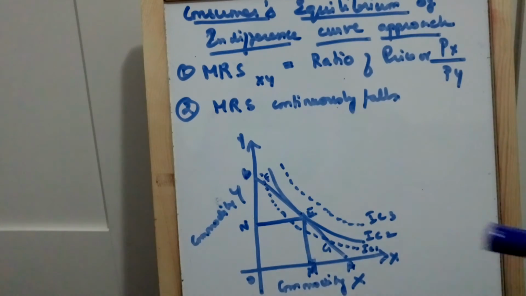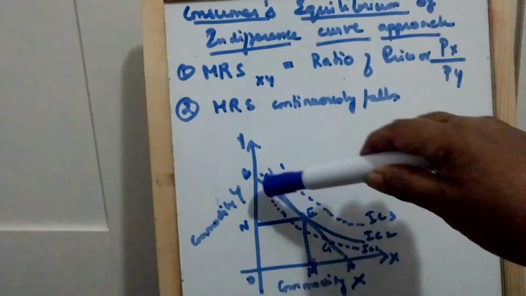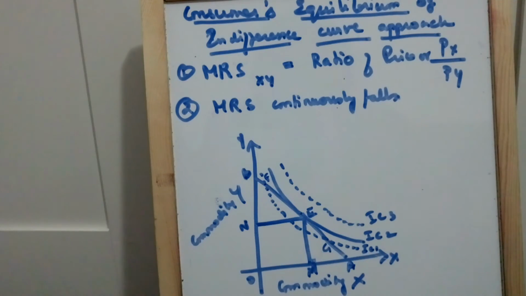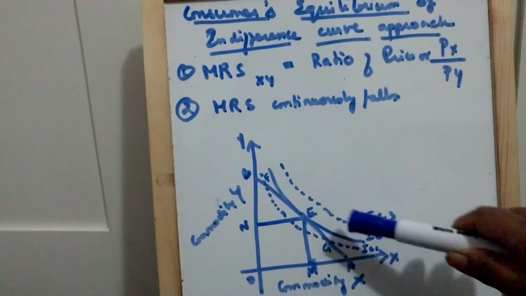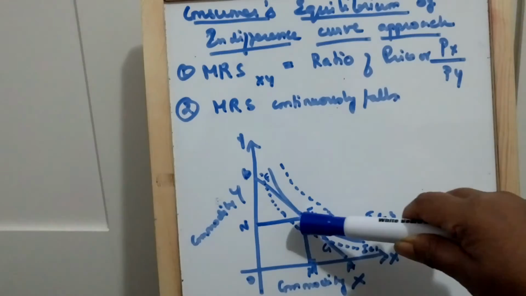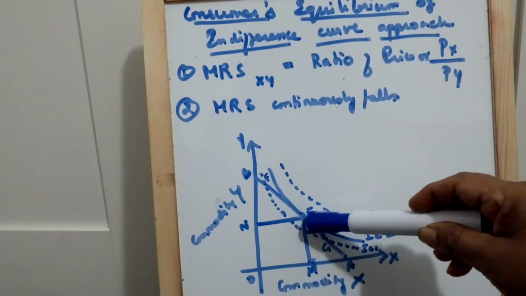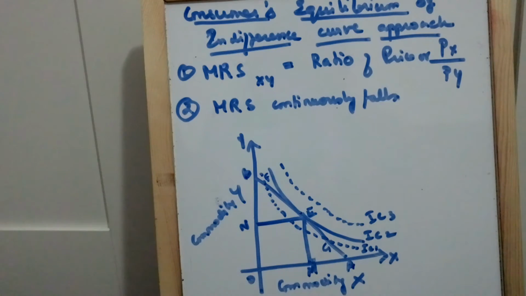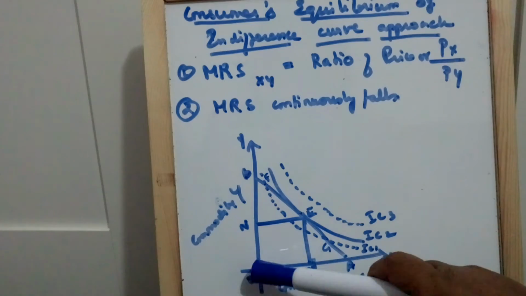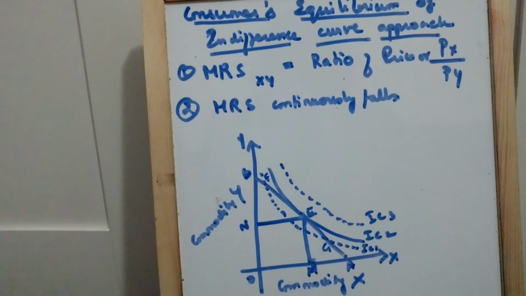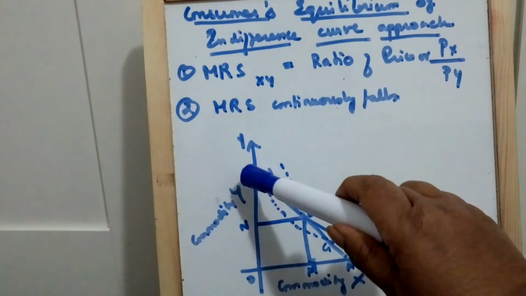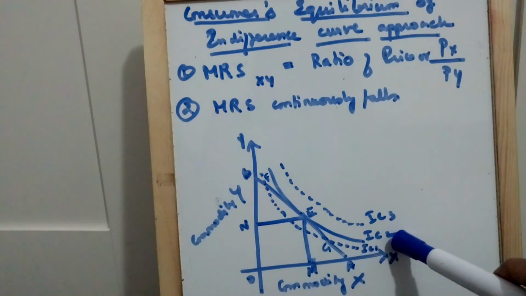So the budget line AB is tangent to IC2 at point E. So this is the point of equilibrium where the consumer purchases OM quantity of commodity X and ON quantity of commodity Y. So this is the equilibrium point. AB is tangent to IC2.